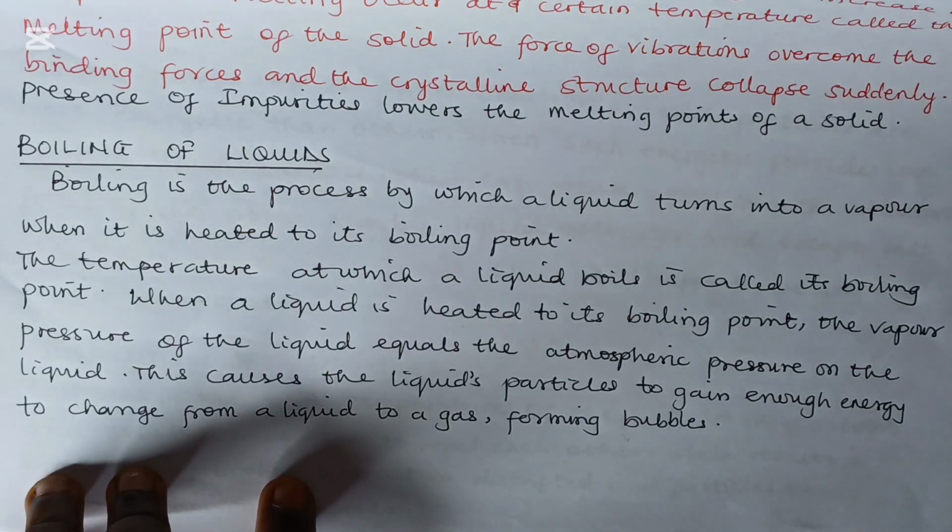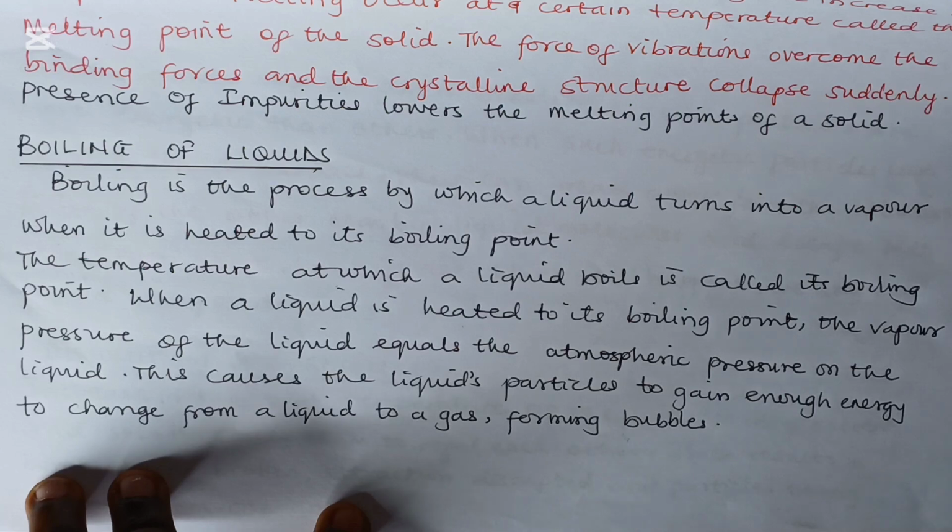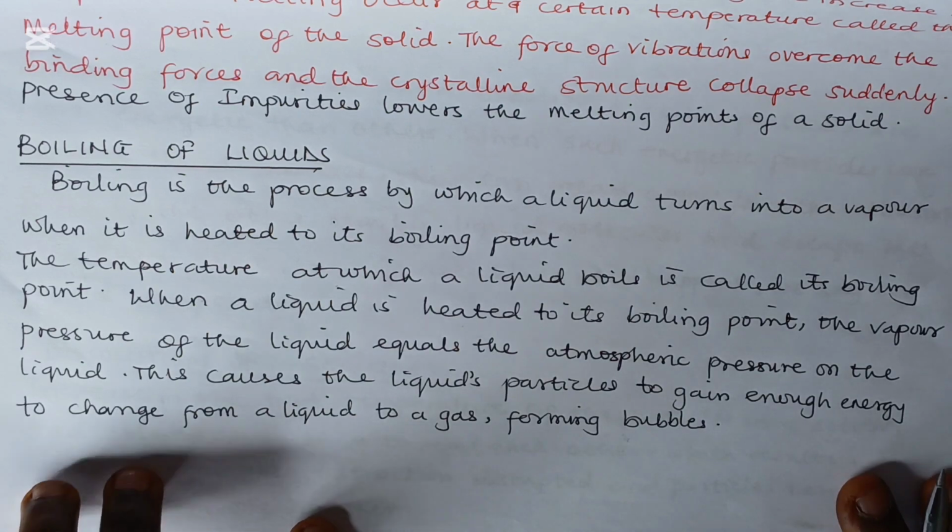Outside the water itself, in the space between the water and the lid of the container, there is a kind of atmospheric pressure on the liquid, and the vapor pressure is also generated by the boiling water itself. When these two equal each other, boiling takes place, and at that point you will see the particles moving and colliding speedily with themselves.